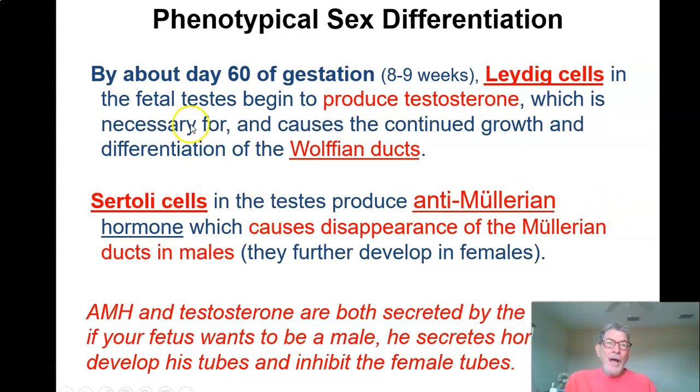So if you have baby testes in there, you will start making testosterone to develop the male stuff. You'll also make anti-Mullerian hormone to make the female stuff go away. They're both secreted by the testes if this embryo wants to become a male.